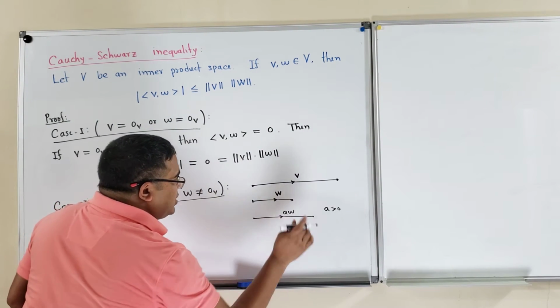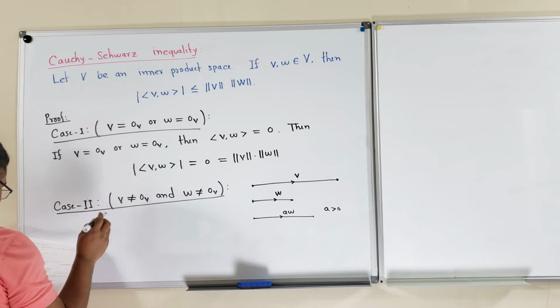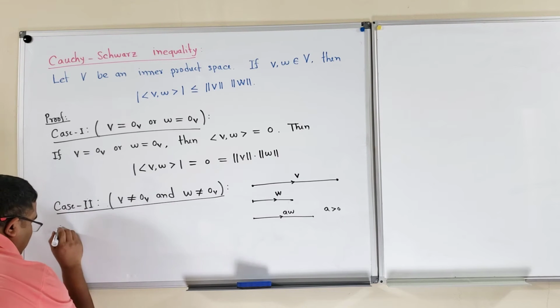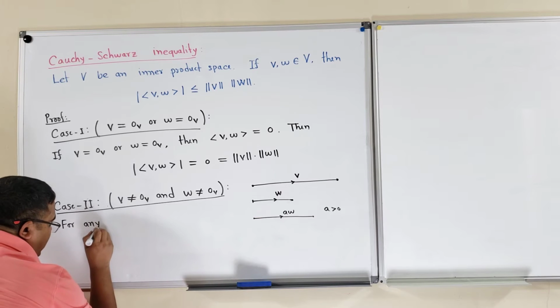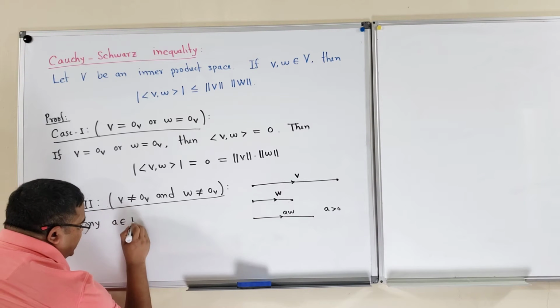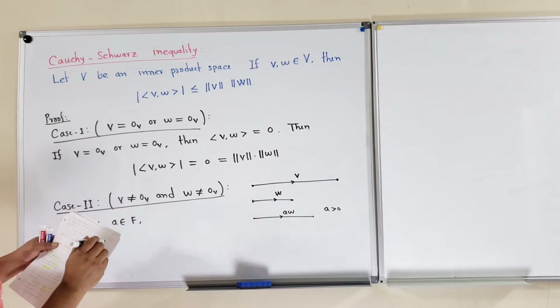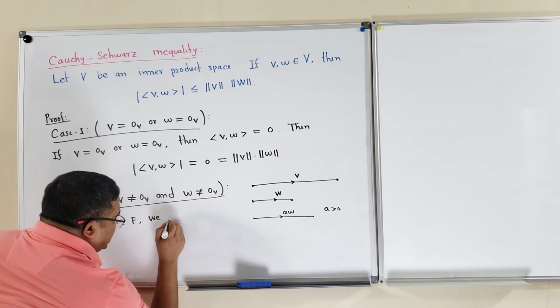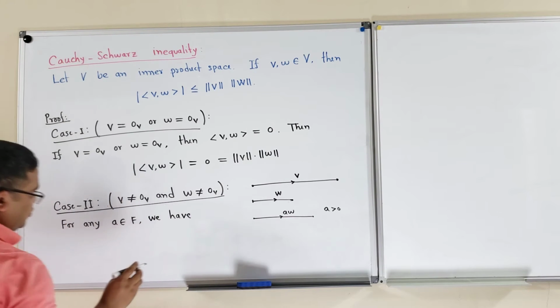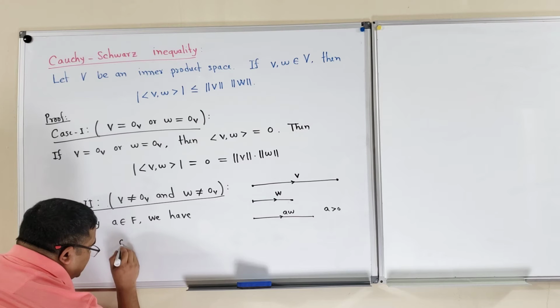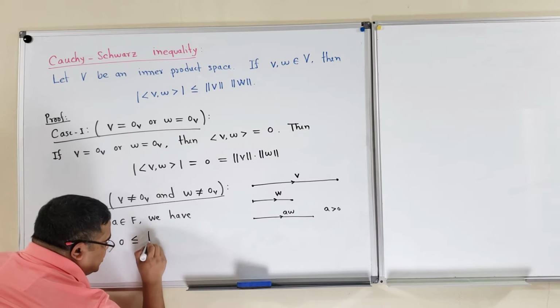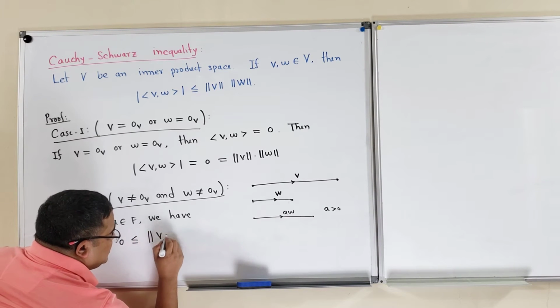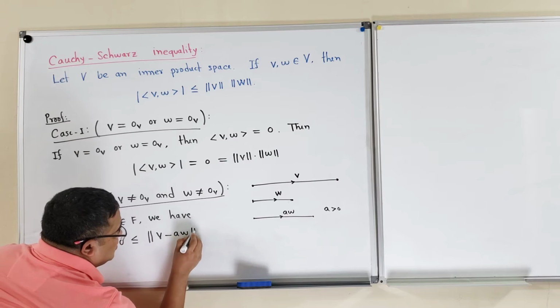So for any number a, an element of F, we have 0 less than or equal to the norm of v minus aw.